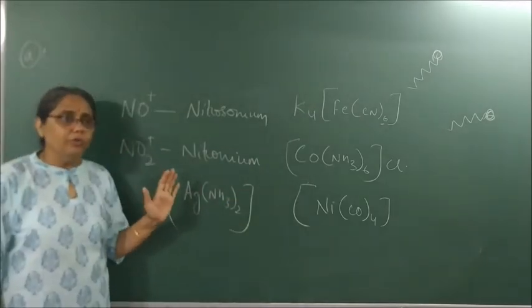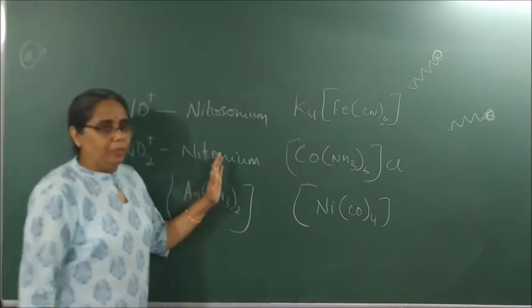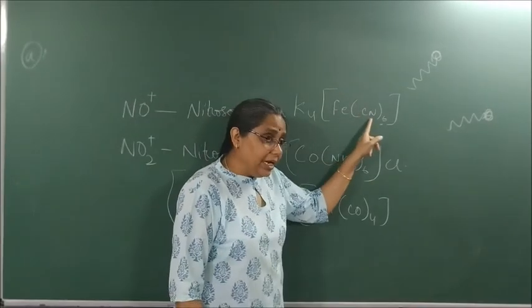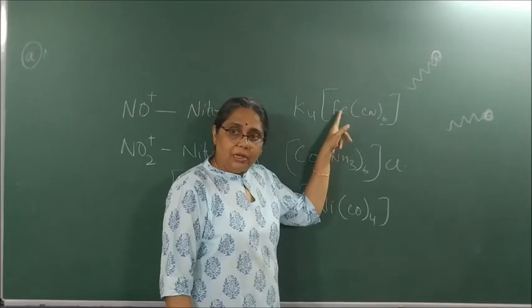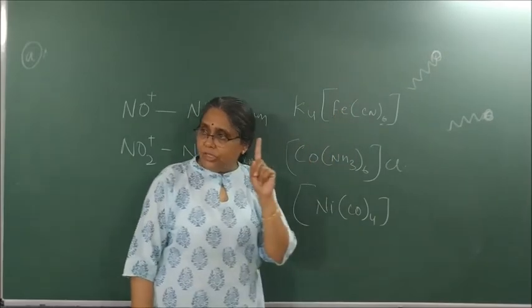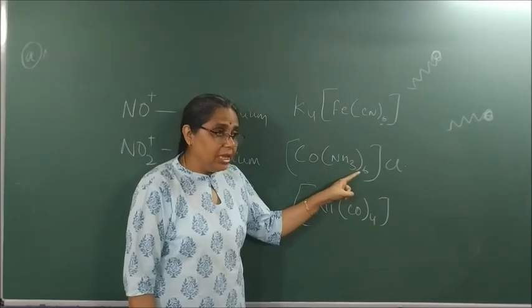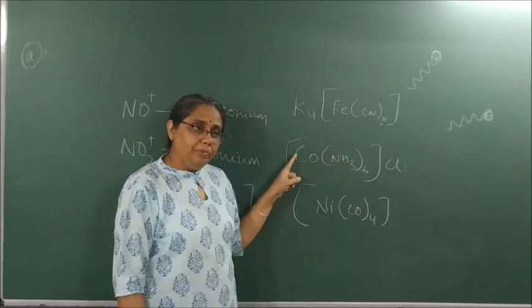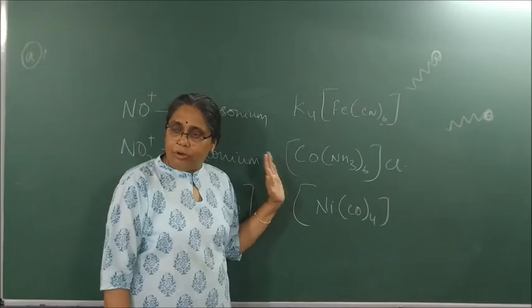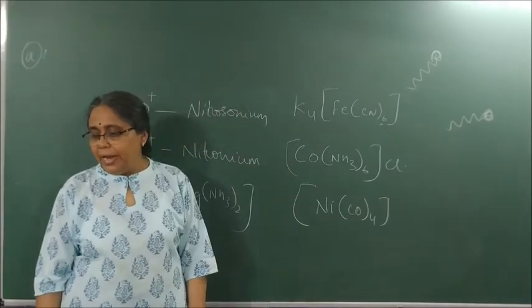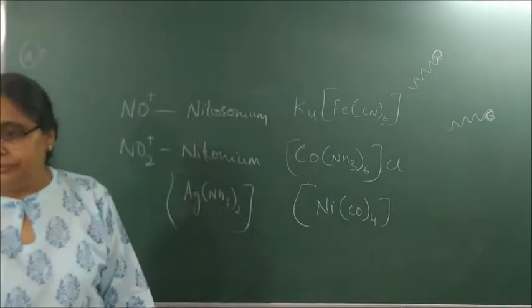So this is how you will always name. The first rule of naming: in a complex ion, first the ligand is named and then the metal atom of the ion. Clear? Alright.